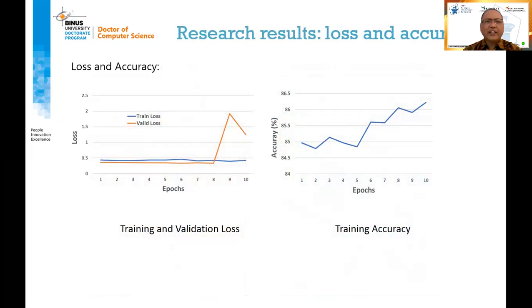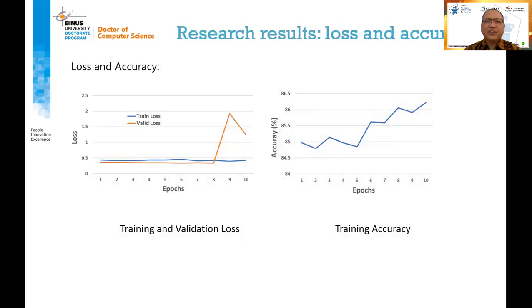So this is the loss and accuracy. As you might see from this table, it seems that the training process was optimum up to 8 epochs, and after that there is some unexpected result because the validation loss seems to rise sharply.